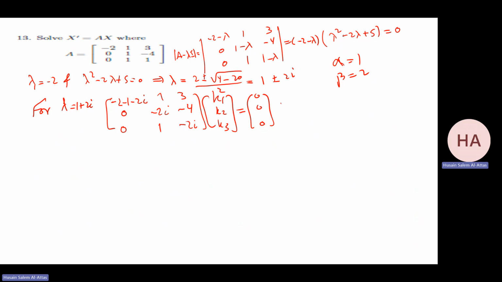I have complicated ones. That implies what? Minus 3 minus 2i k1 plus k2 plus 3k3 is equal to 0, minus 2i k2 and k3, sorry. This is k2.